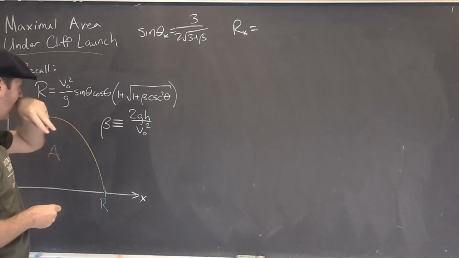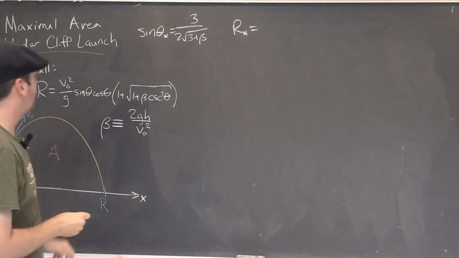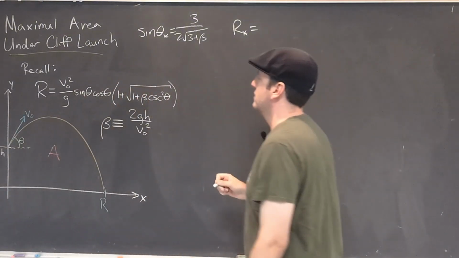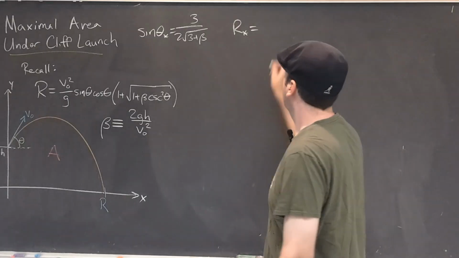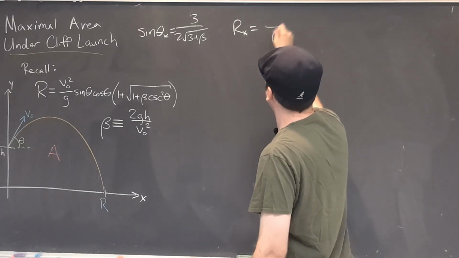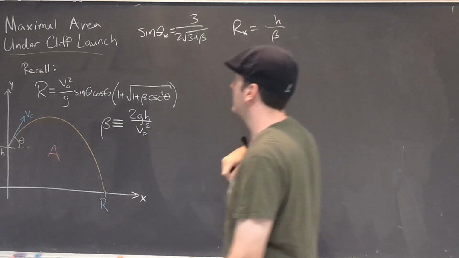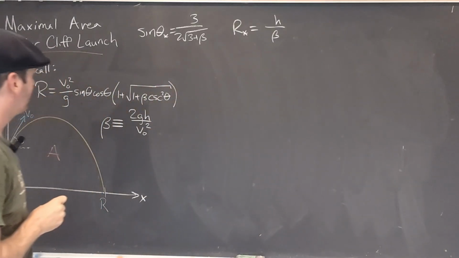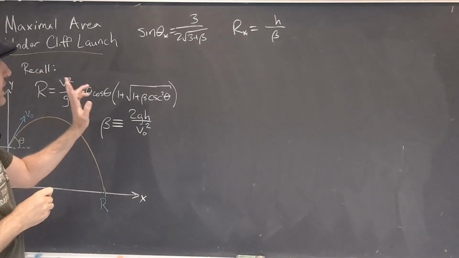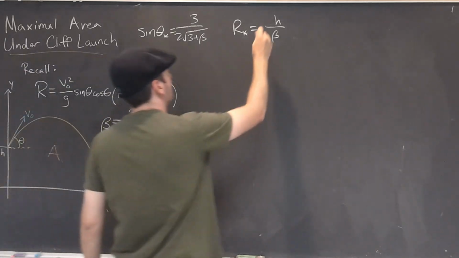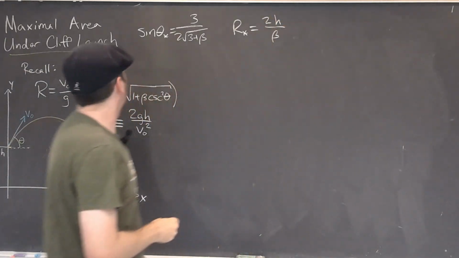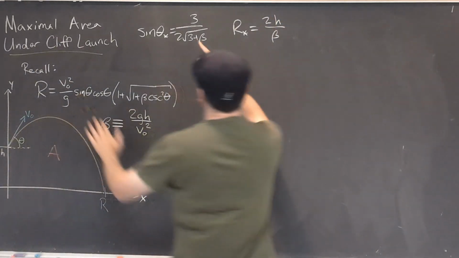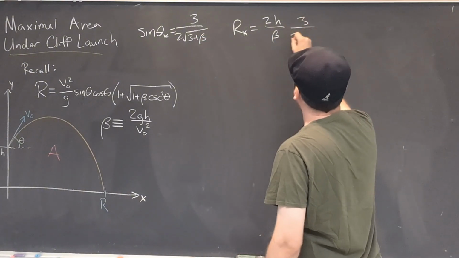There'll be a 2 there as well that I'll have to add in. So let's see, 1 over beta. I'll need to put an H on there, of course, to give me the right units. And then we just got to figure out where the 2 goes. So I added a 2 in the denominator. I need to put a 2 in the numerator. Sine theta, we already know. It's this value right here.